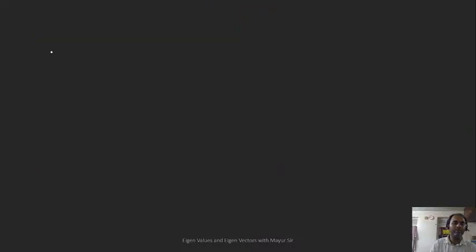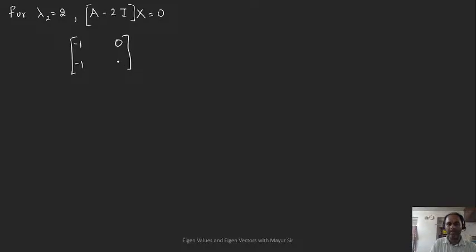Now we go for calculating for lambda 2 equal to 2. You have (A minus 2I) times capital X equals 0. Then you have here 1 minus 1 0, and here it is minus 1 and 0, times x1 x2 equals 0 and 0.